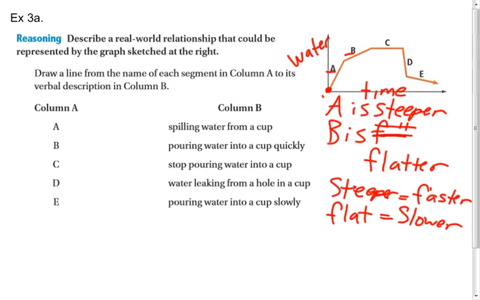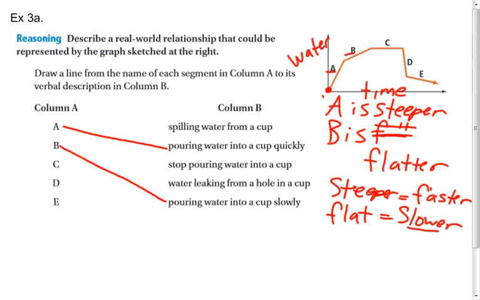So A is putting water into a cup quickly, and so that's going to be that match right there. Now, for B, the amount of water is still going up. I'm putting water into my cup, but it's flatter, which means slow. So I'm still putting water in, but I'm doing it slower. So that would be part B.